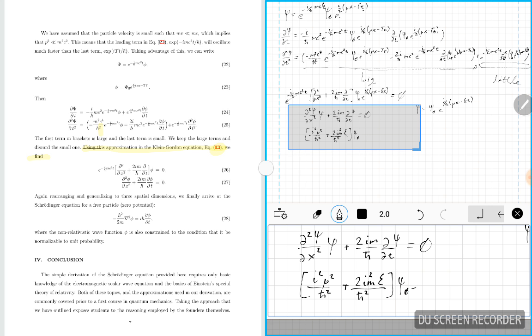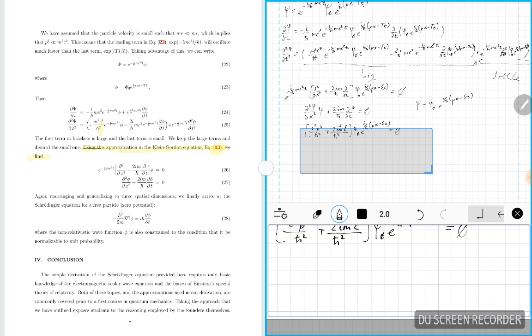And then psi naught e to the i h bar px over e equals 0. And then we could get that i squared p squared over h bar squared minus 2i e over h bar squared equals 0. Cancel, cancel, cancel, cancel.